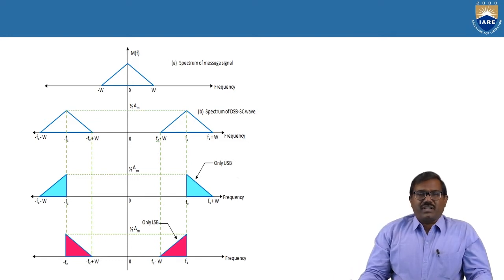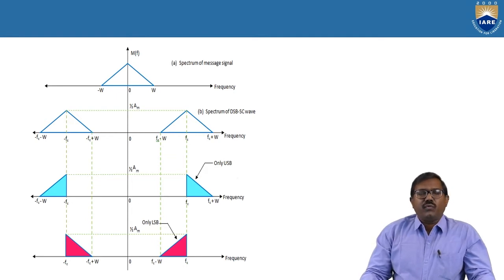Along fc, the right-hand side is the USB and the left-hand side is the LSB. In picture C, we have only the USB, the upper sideband. We are eliminating one band, that is the LSB, the lower sideband.